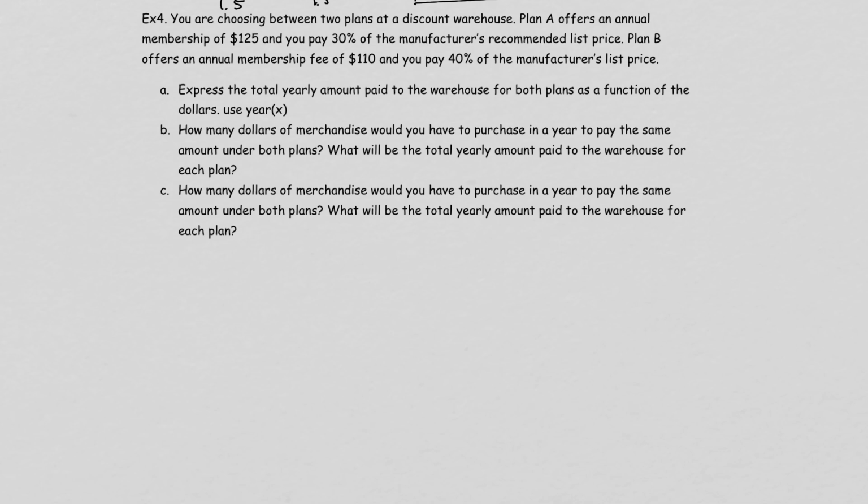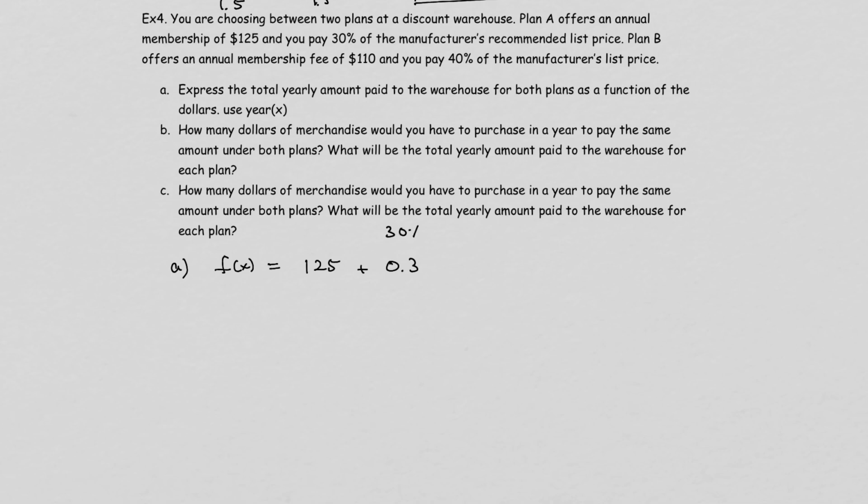So let's write A. Let's use f of x, and the initial amount will be 125, plus 30%. When you're writing a percent in an equation, you always need to change it to a decimal, so this will give you 0.3.